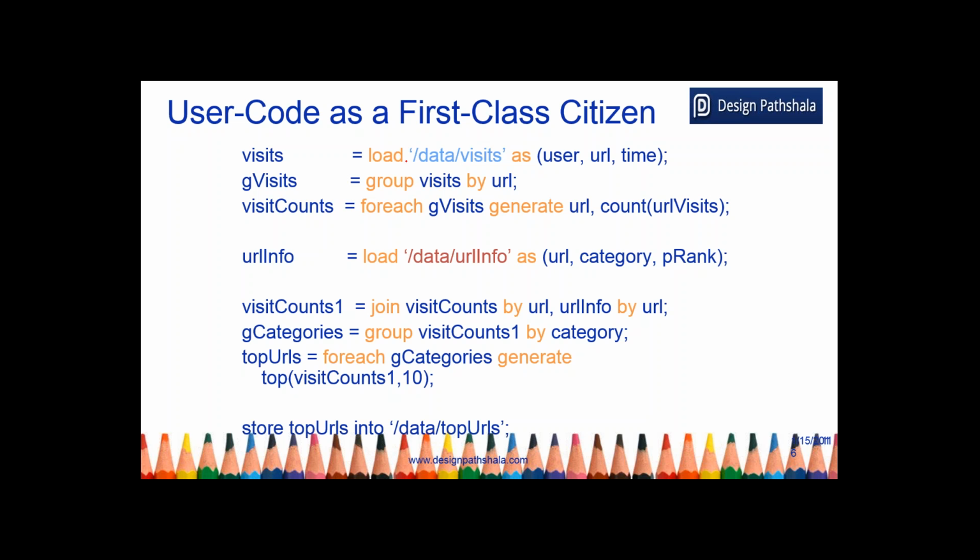We loaded the file. We grouped it by URL. For each URL, we just generated the URL and the count of the visits. Then we loaded another file. We joined both of them based on the URL. We grouped them by category and generated top 10.